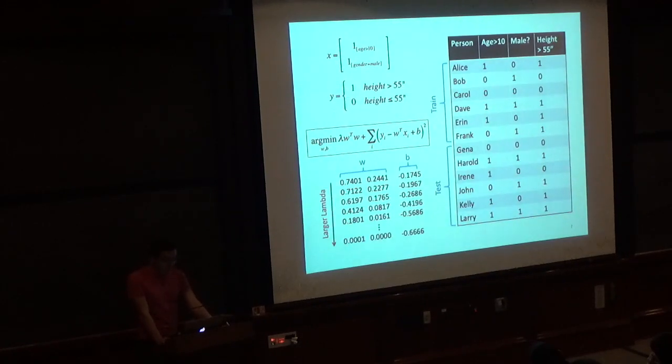So this is the solution of W and B as lambda increases. So what is the solution to this minimization problem as lambda increases? When lambda is 0, this is the solution. And as lambda gets larger to something that's very, very large, maybe it was like 10,000 or something, this is the solution.